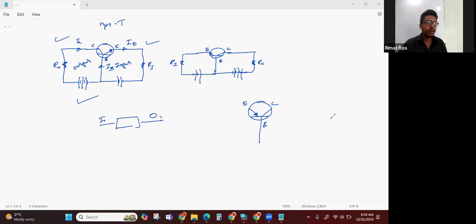Okay, so now we take the PNP transistor. First you have to draw the PNP transistor, and the configuration is common base, so you have to take the base at the middle. Then BE junction should be forward bias, and BC junction should be reverse bias.